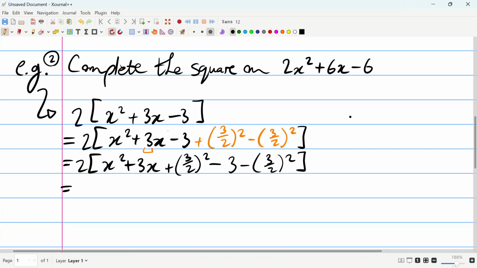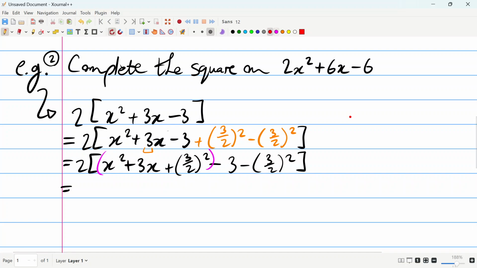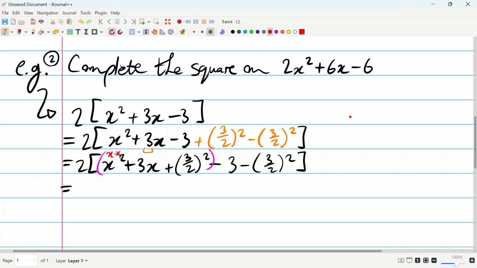Alright, now what makes this special? Notice that we have a trinomial here, and we can factorize this. X squared can be broken up into x and x, and then 3 over 2, which is 1.5, can be broken up as 1.5 and 1.5, right?